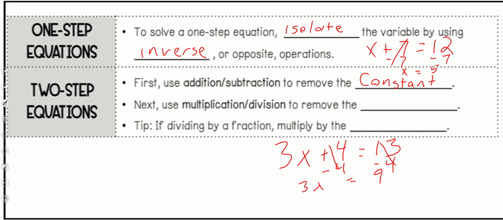Next, we use multiplication or division, whichever one's the opposite, to remove the coefficient. And if you're dividing by a fraction, what that ends up doing is multiplying by a reciprocal.